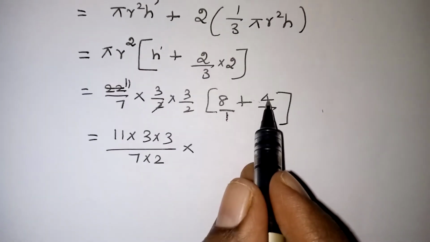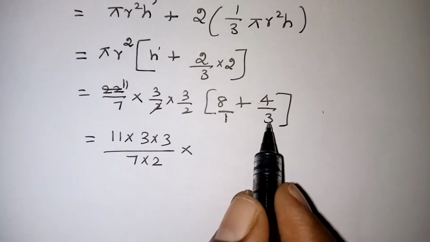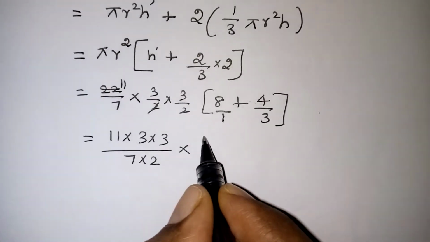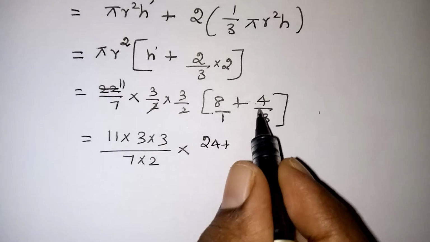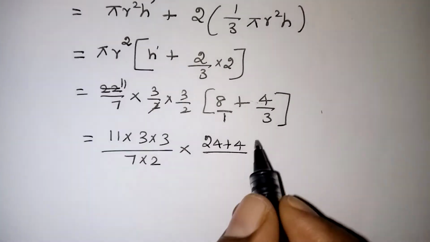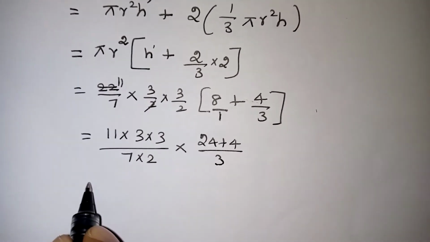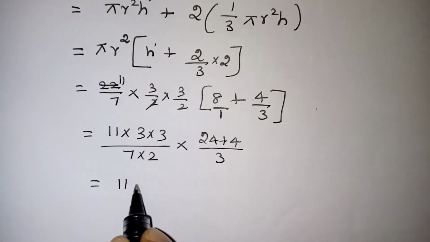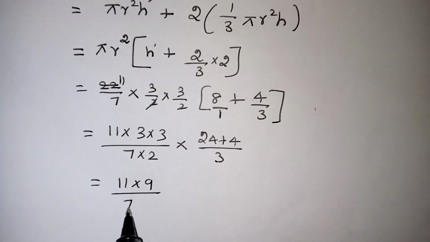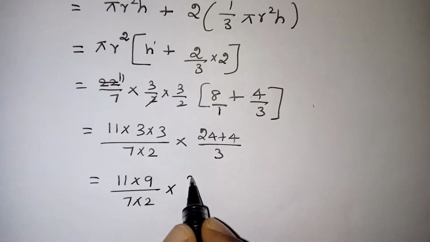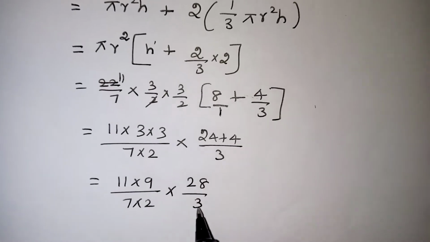If you are multiplying also you will be getting the same answer. So 8 3s are 24 plus 1 4s are 4 by 1 3s are 3 we can write it. Now here the remaining terms, 11 into 9 by 7 into 2 multiplied by 28/3 we are getting.